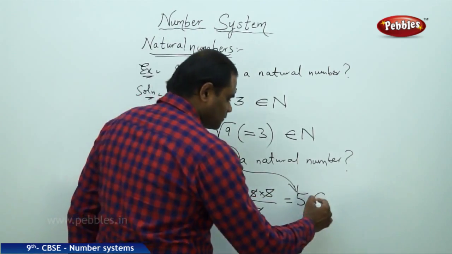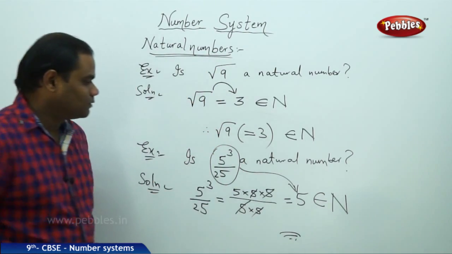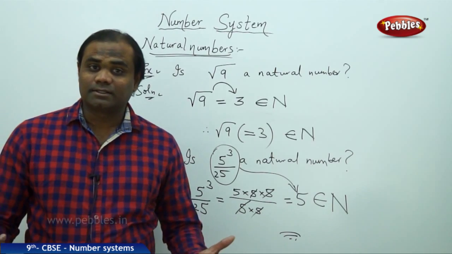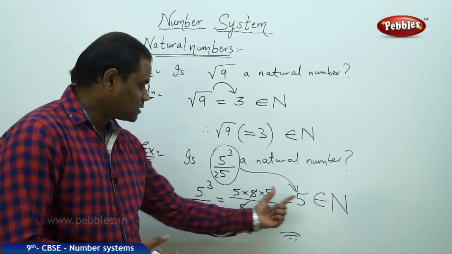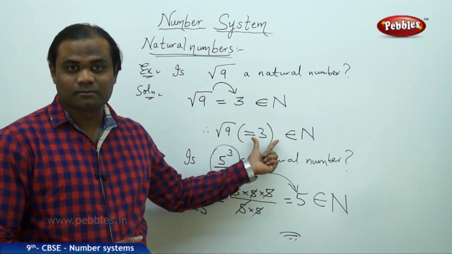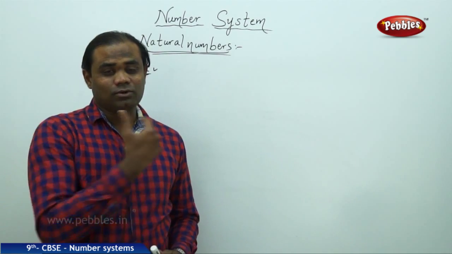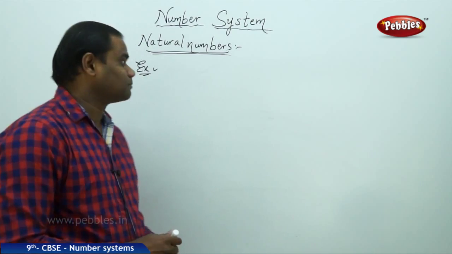And then this we all know belongs to natural numbers. Therefore, 5 cube by 25 is a natural number, is how we justify through the most simplified form. Next, let's go with another example to understand the natural numbers better.